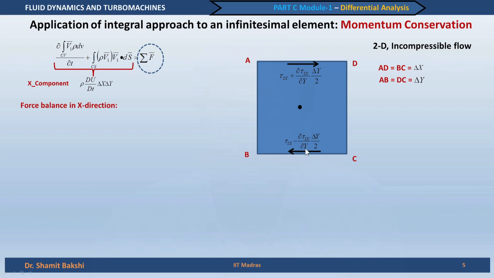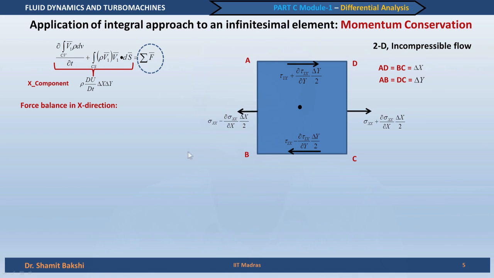This difference in the shear stress will bring a net force in the x direction, which will be given by subtracting these two quantities. So, this is the first contribution: the difference in the shear stress is the first contribution considered in this presentation to the net forces acting on the control volume.